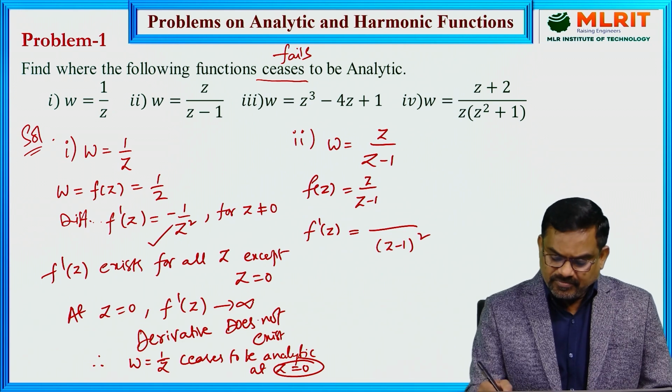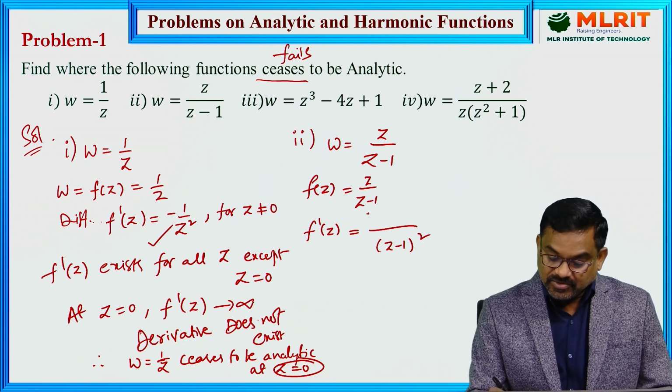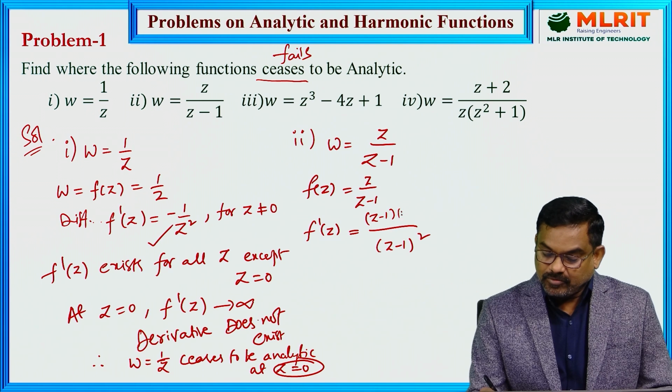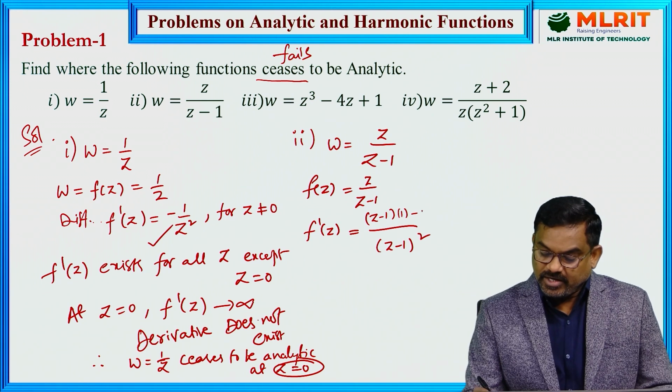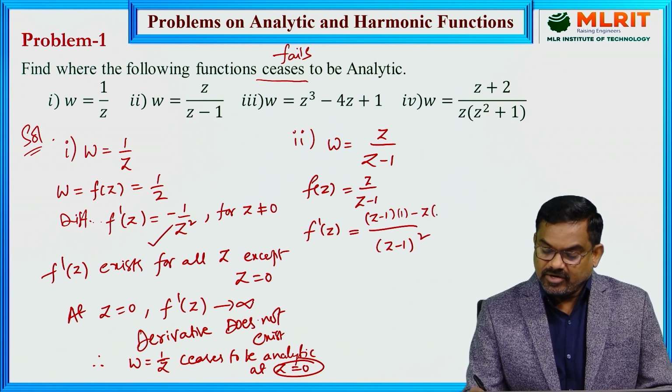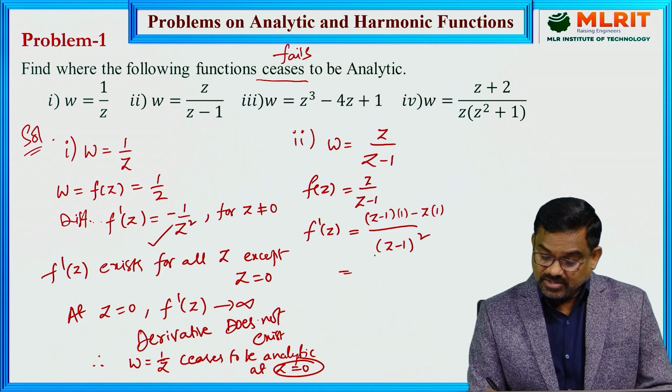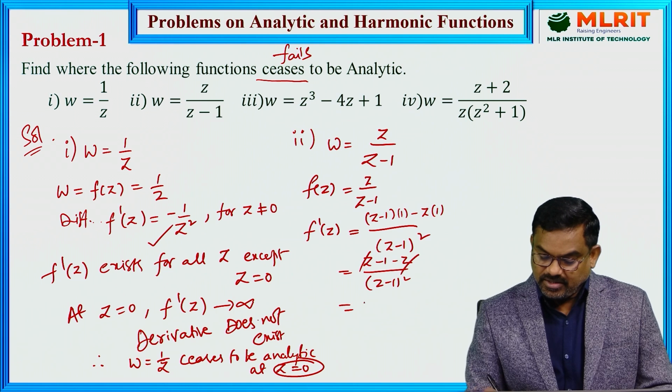So to find this derivative: denominator into derivative of numerator, which is (z minus 1) into 1, minus numerator z into derivative of denominator, which is 1. So this is z minus 1 minus z by z minus 1 whole square. So simply minus 1 by z minus 1 whole square.